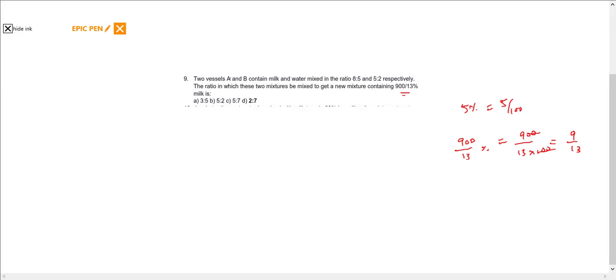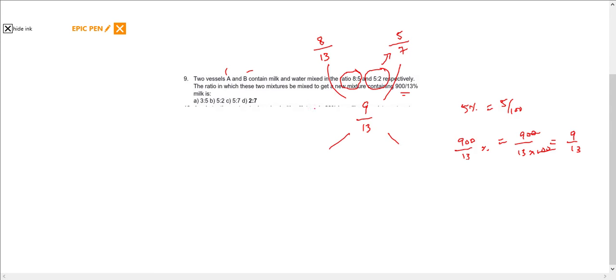So we have two vessels A and B which contain milk and water in this ratio. So in the first vessel I have 8 parts milk out of a total of 13 parts, and in the second container I have 5 parts milk out of 7 parts, and when I mix these two together I'm getting 9 parts milk out of 13 total parts.